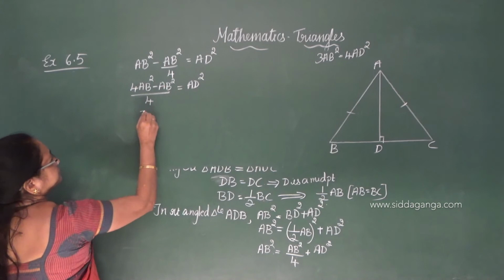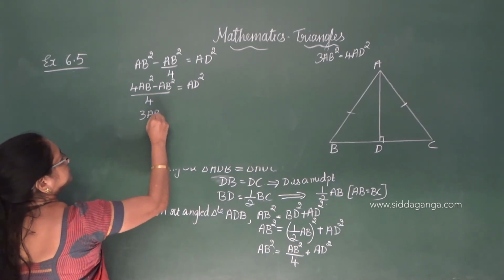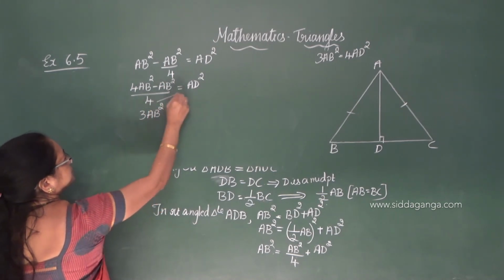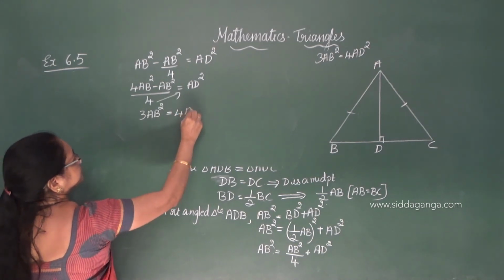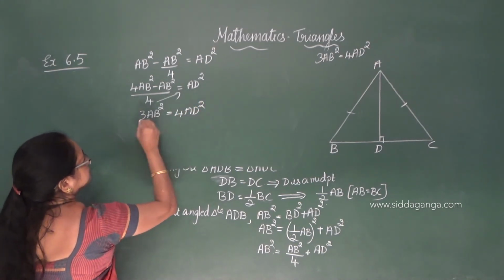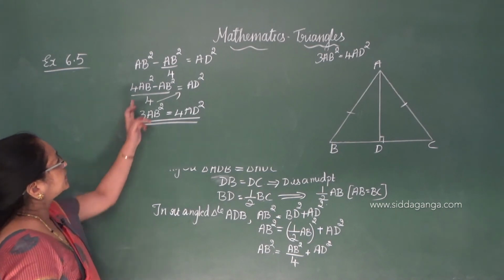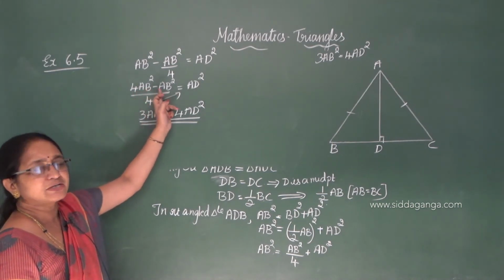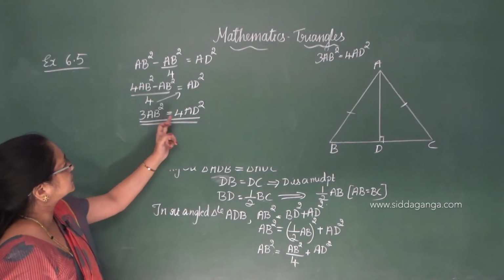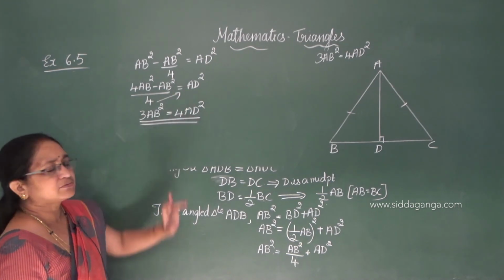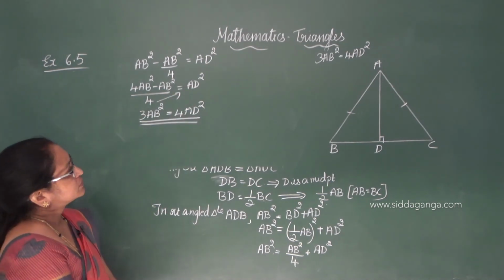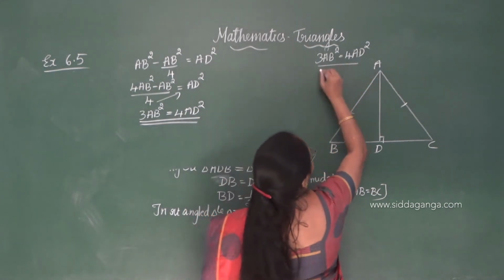Now, this will become 3 AB square, that is 4 AB square minus AB square gives you 3 AB square, is equal to, when you cross multiply, 4 AD square. So, hence proved, this is what we needed.